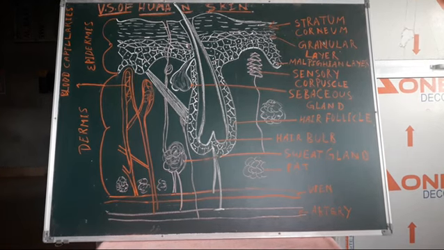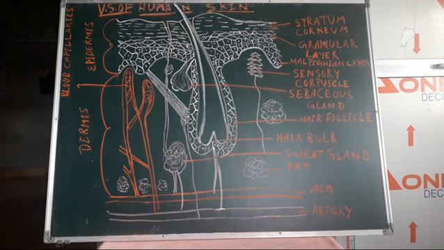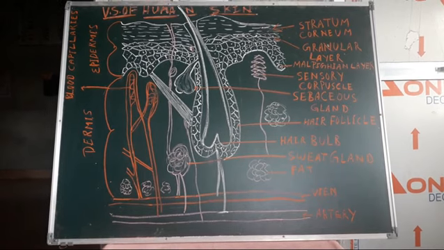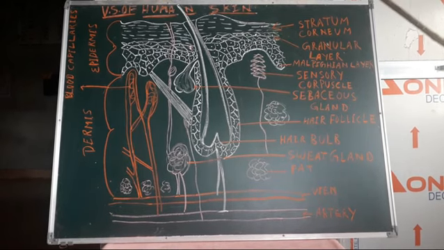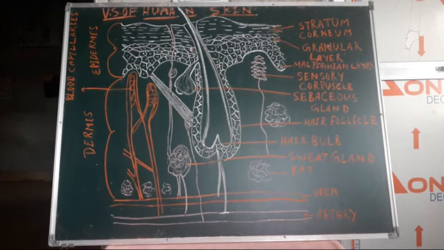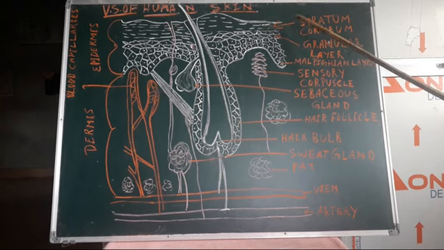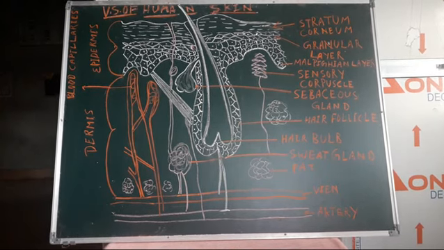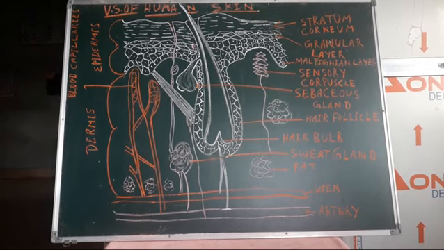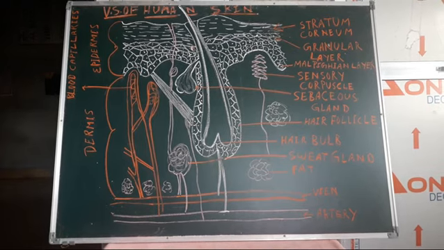It can be found in hairs, nails, horns, hooves, silk, etc. And the first layer serves three functions. First is protection from mechanical damage. Second, protection from bacterial infection. And the third, protection from loss of water by evaporation.